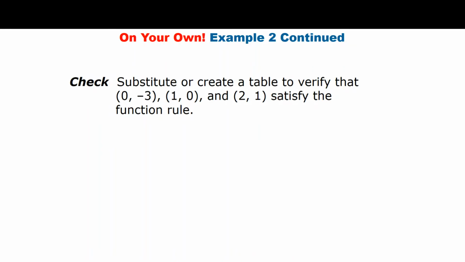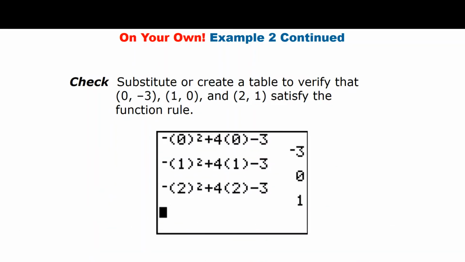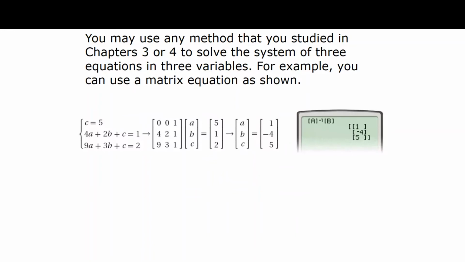And again, there's a variety of ways that you could check. You could substitute or create a table to verify that these points do satisfy the function rule. The good news is you may use any method that you studied in chapters 3 or 4 to solve systems of 3 equations in 3 variables.